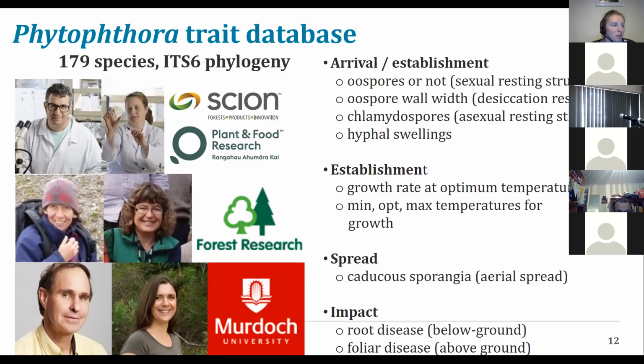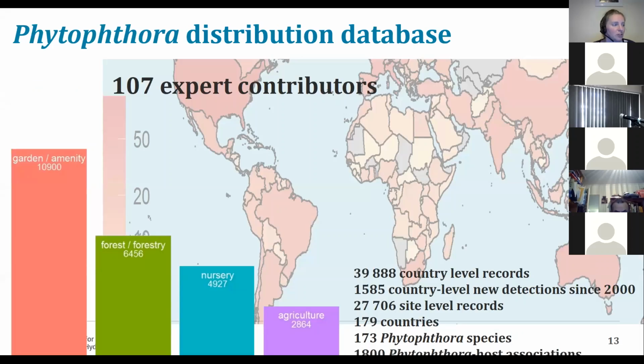So we made some hypotheses about how these traits might map onto the different pathways and invasion stages. And to try and capture patterns of invasion and impacts, we also collated as much data as we could find on the distribution and host range of different Phytophthora species across these different habitats and sectors and climatic regions.